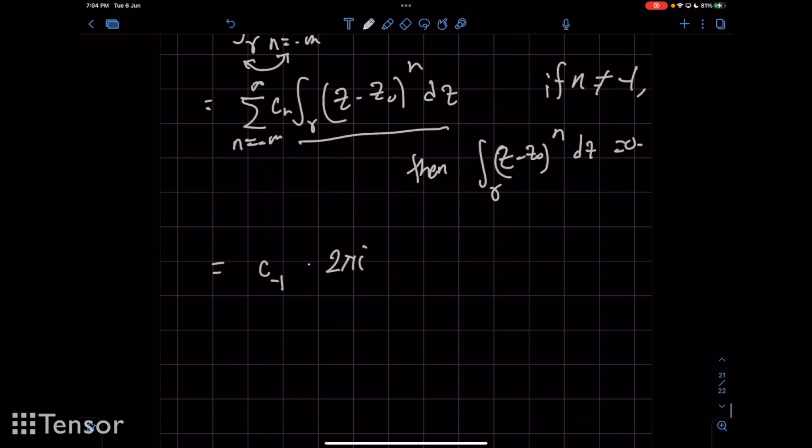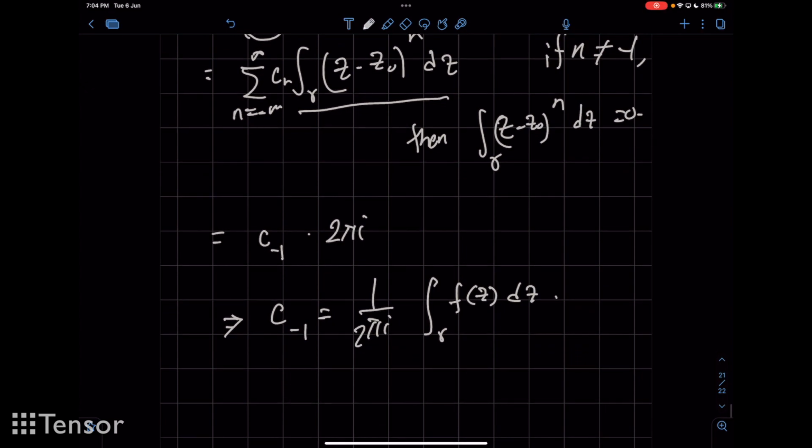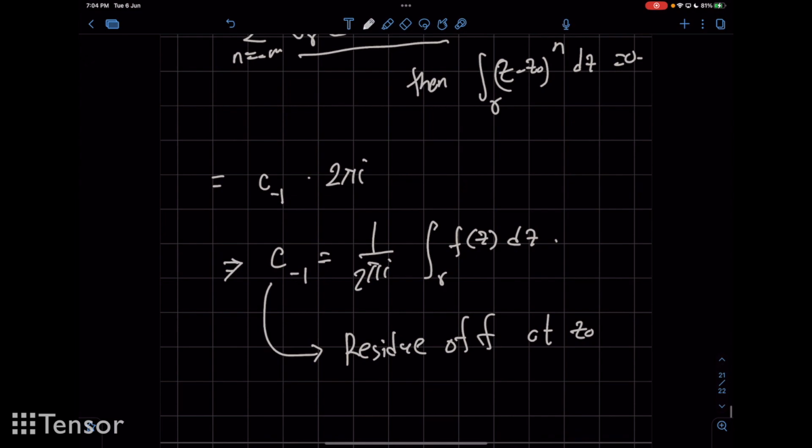So we get that c_{-1} is equal to 1 over 2 pi i times the integral of f(z) dz over gamma. And this c_{-1} is called the residue of f at z0, and we write it as Res(f, z0).